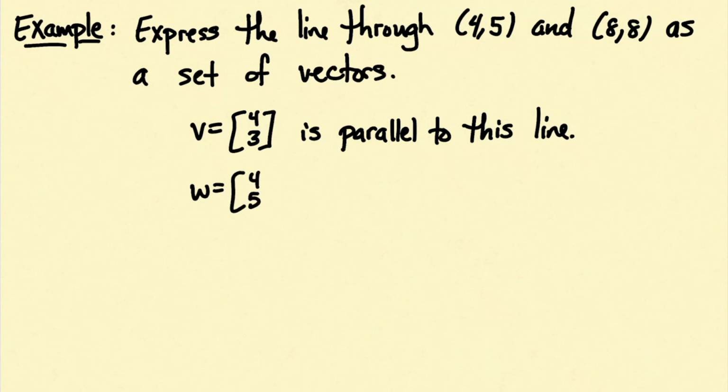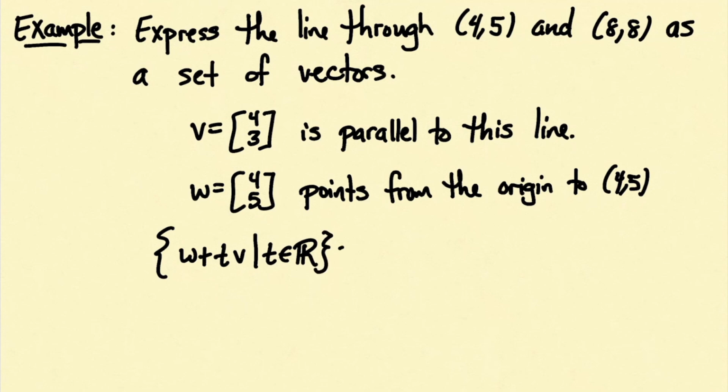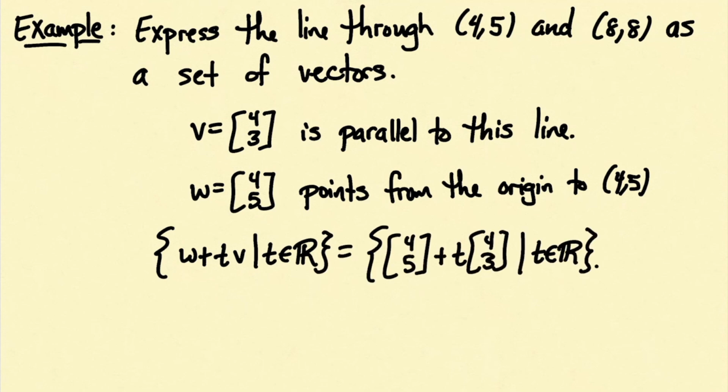Using the point (4, 5), which we can think of as the vector w with entries 4 and 5, we get a translation vector. So as a set of vectors, our line is just w plus t times v, where t can be any real number that we like.